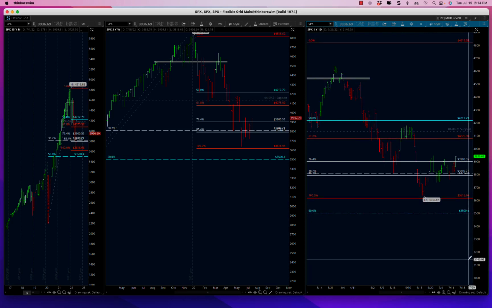All right. So as you can see, that 3,800, what is coming from my monthly. We're also seeing this coming from my intermediate levels from my weekly.